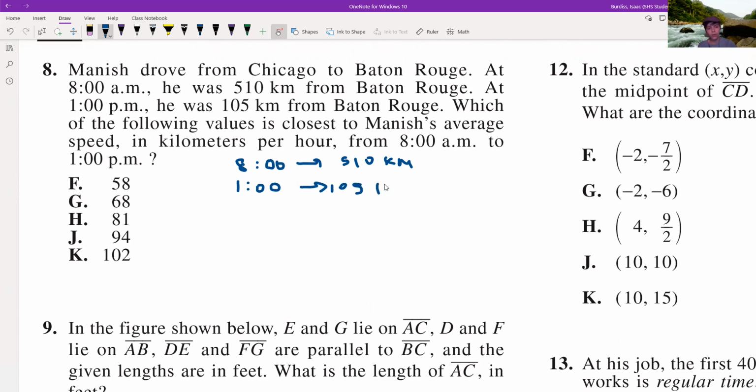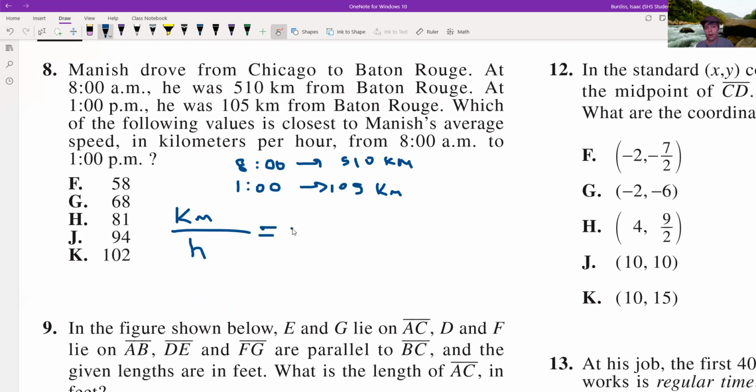Now it's saying, what is his average speed in kilometers per hour from 8 a.m. to 1 p.m.? So kilometers per hour is what the unit is. That means we need to have kilometers on the top and hours on the bottom. In that time period, what goes on the top?